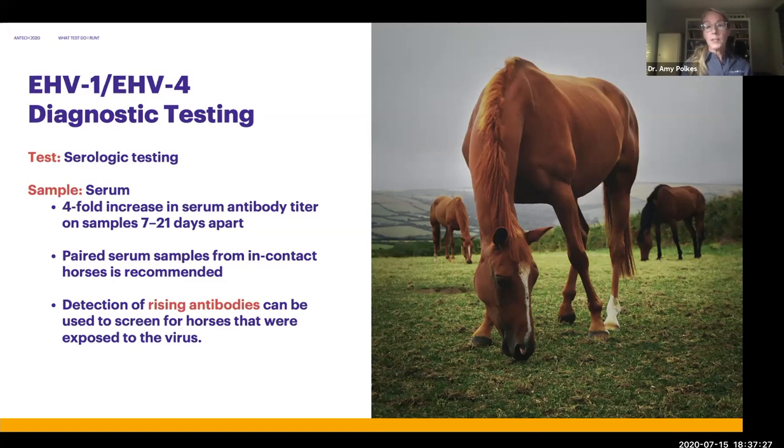Where this is, to me, the most important is when you're dealing with an outbreak. Of course, EHM is where we're thinking about the outbreak, and you're just trying to determine who's been exposed, who hasn't been exposed, those types of things. That's where the serologic testing really is helpful. But remember, you have to have a fourfold increase. That one-time titer doesn't tell you anything.